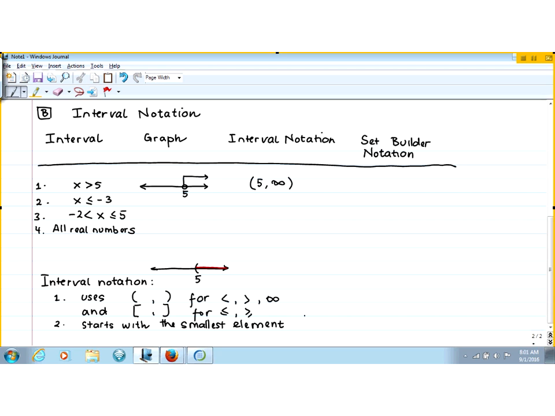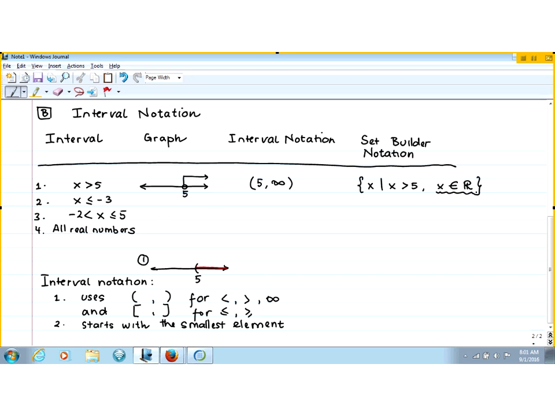All right. So how do I write my set builder notation? So remember, this is x such that what? X is greater than 5. And then this is optional. X is an element of real numbers. So this part right here is optional.